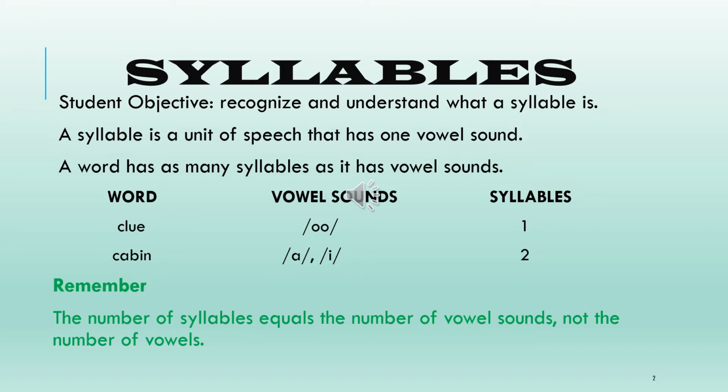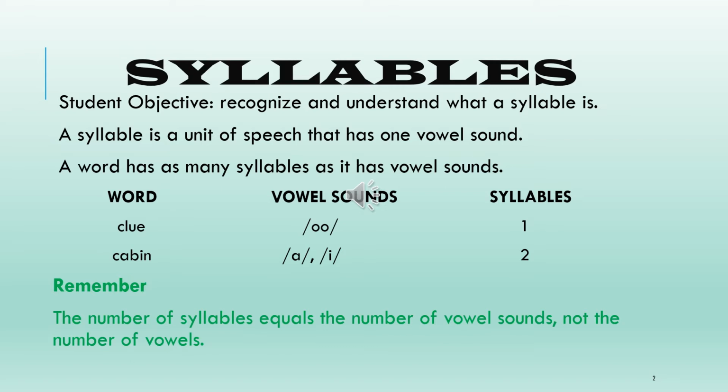A word has as many syllables as it has vowel sounds. And here we have 2 examples. The first one is clue, and the vowel sound that we have is O. And we only have 1 syllable because we only hear 1 vowel sound. Cabin, cabin.